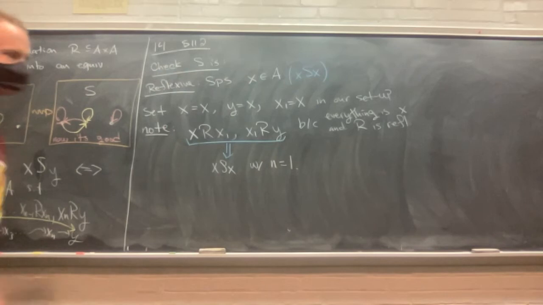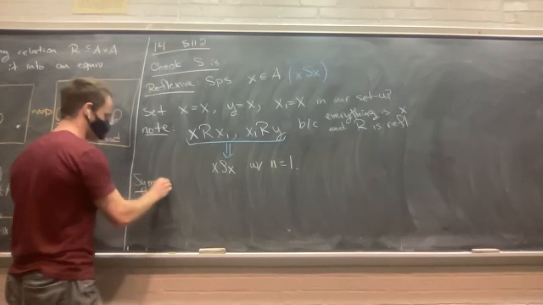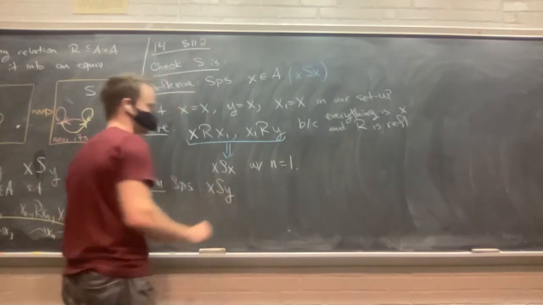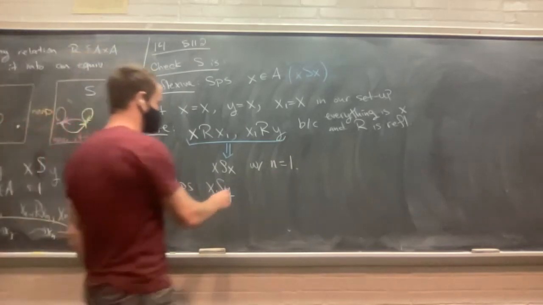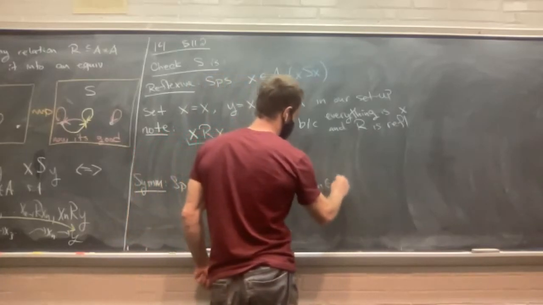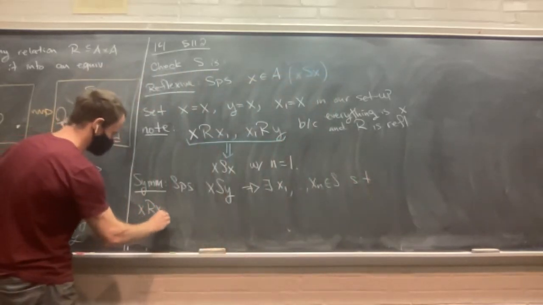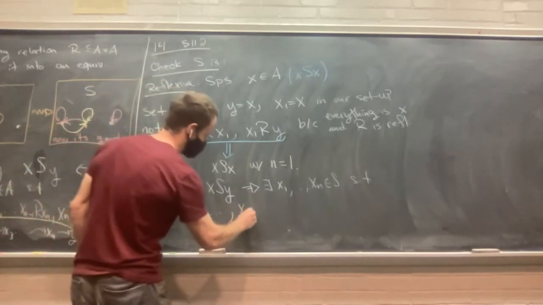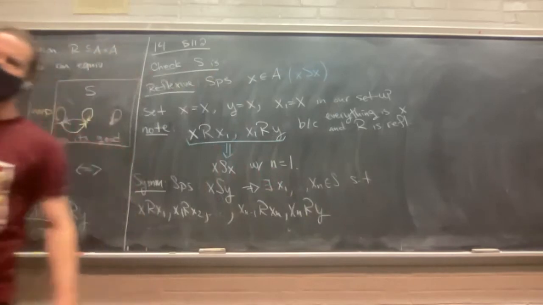Okay, so now let's do the symmetric. So let's suppose that X is S related to Y. Okay, but what that means is that there exist X1 up to Xn in A such that X is related to X1, X1 is related to X2, all the way up to Xn minus 1 is related to Xn, and Xn is related to Y. Right?